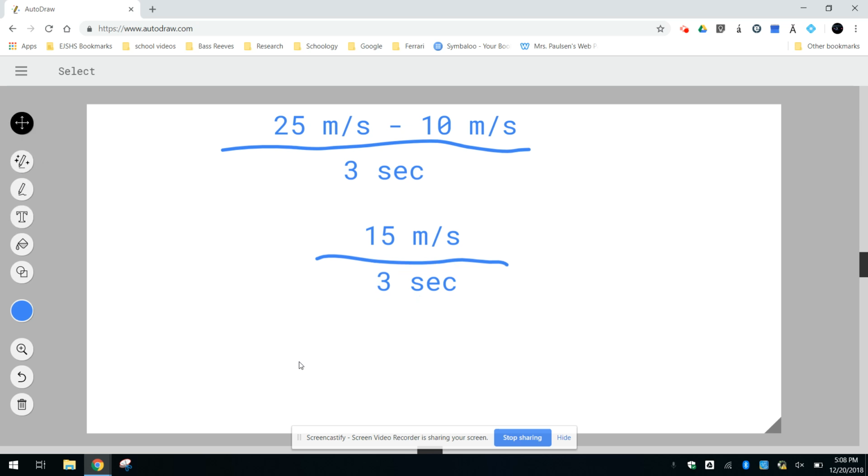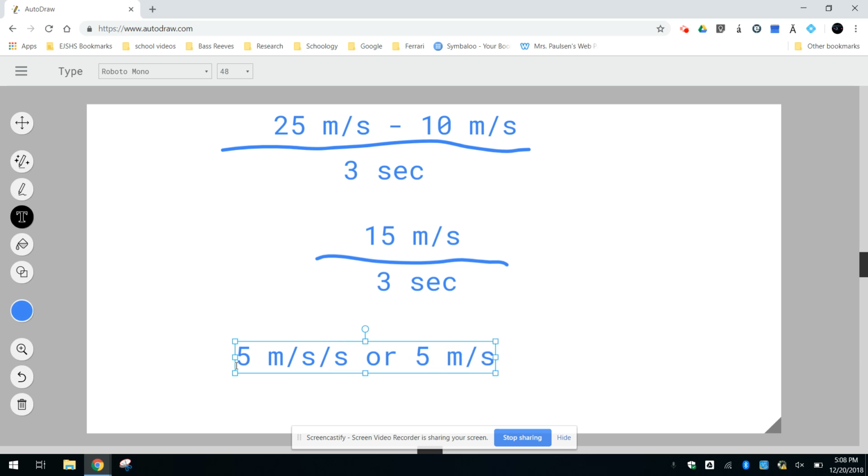But the label for this one would be 5 meters per second, or 5 meters per second squared. I like to use the meters per second squared because it is much easier to write and much easier to remember. Less confusing in my mind as well.